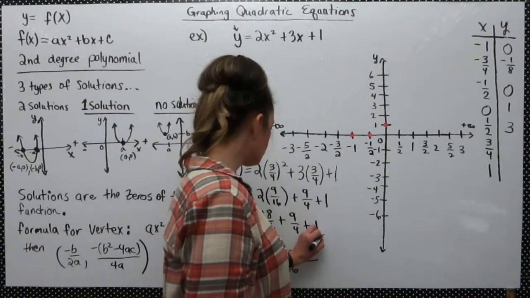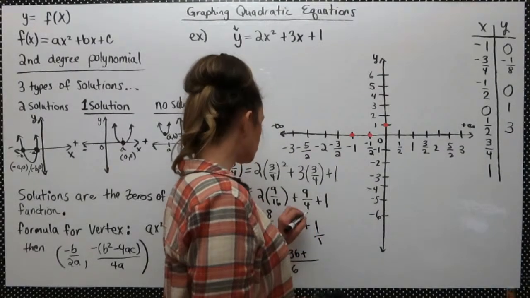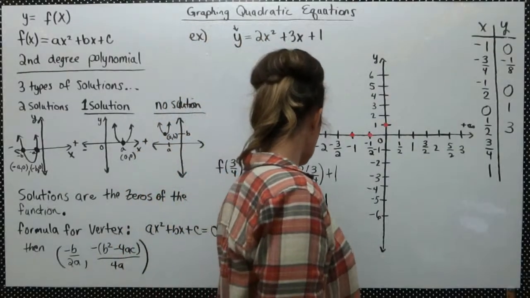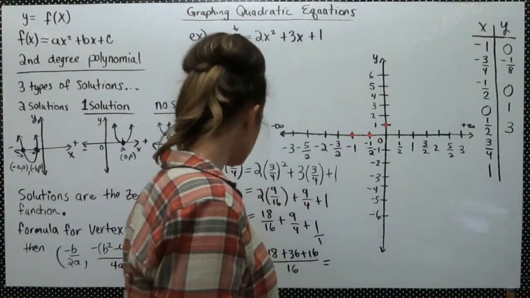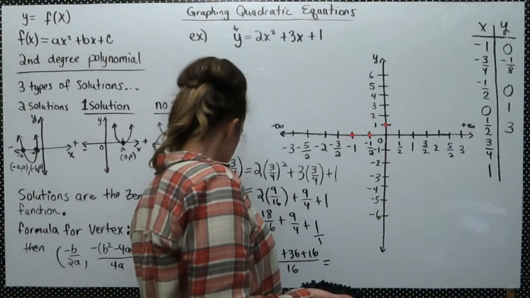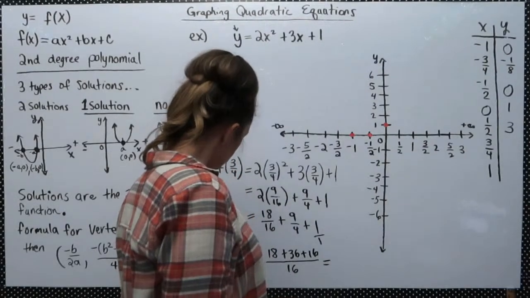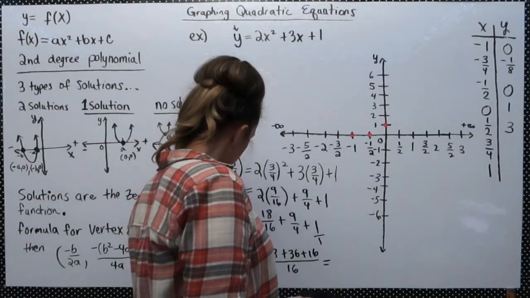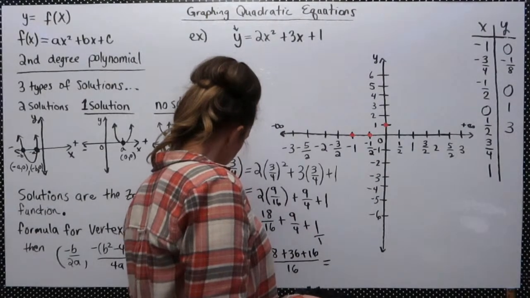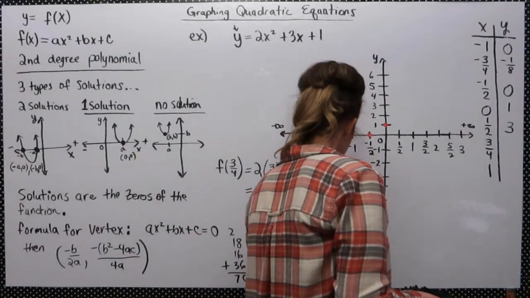And then this one's going to pick up a factor of 16, so that's plus 1 times 16. And then we'll add all those numerators up. 18, 16, and 36. So that's 70 over 16.